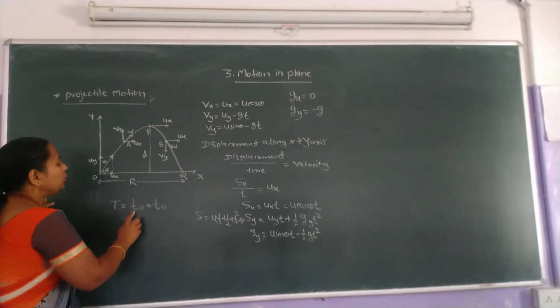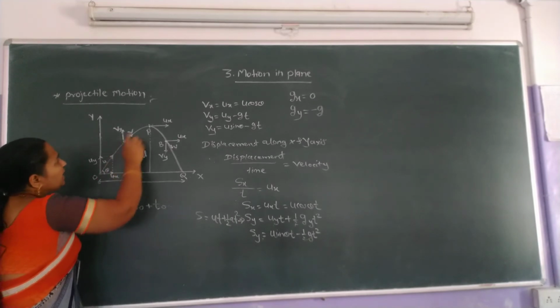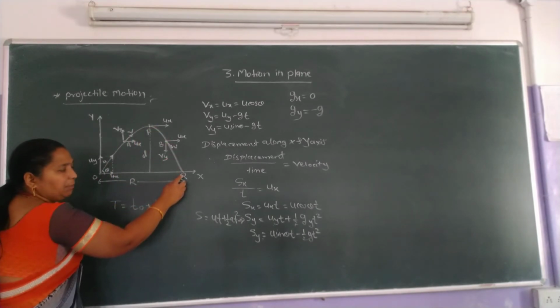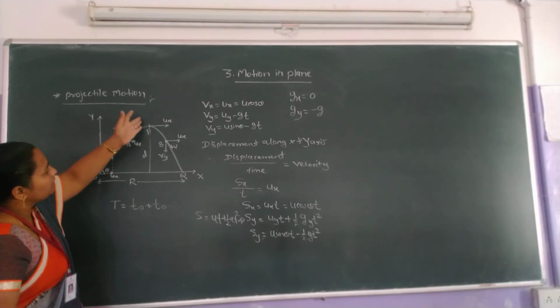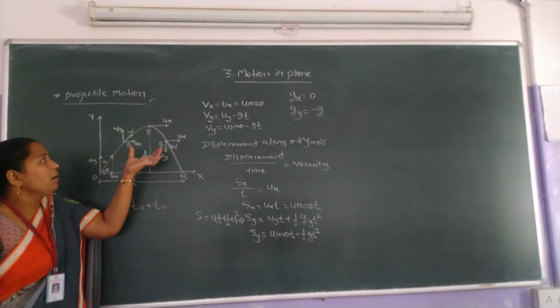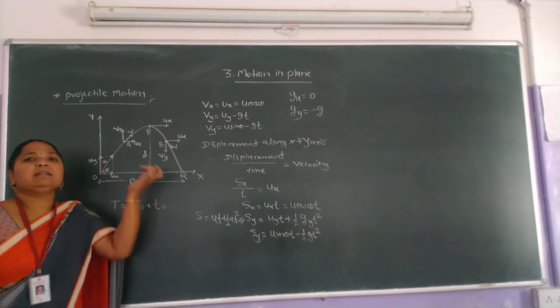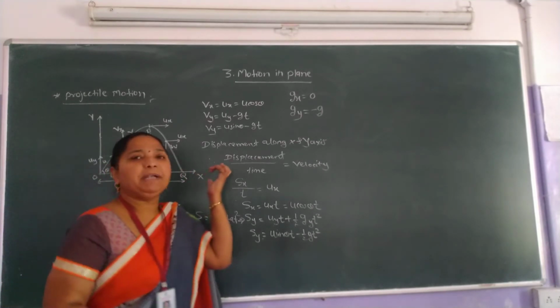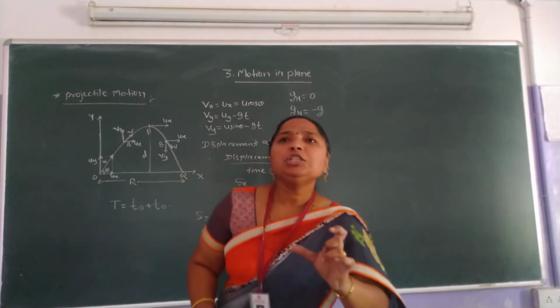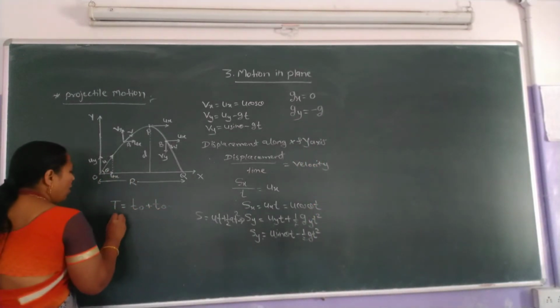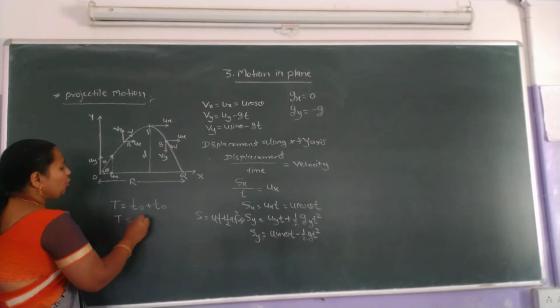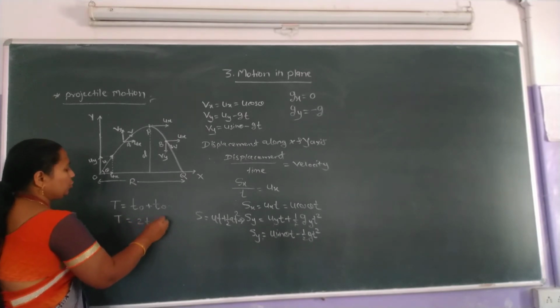So t is the ascent time plus the descent time. In ascent its velocity decreases and in descent it increases. Therefore the projectile shows symmetry. Hence the time of flight is t0 plus t0, which is twice t0.